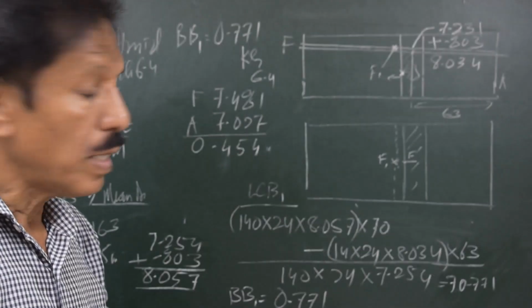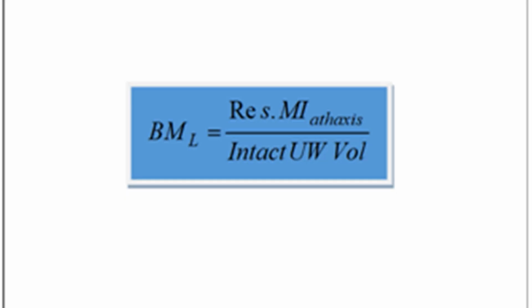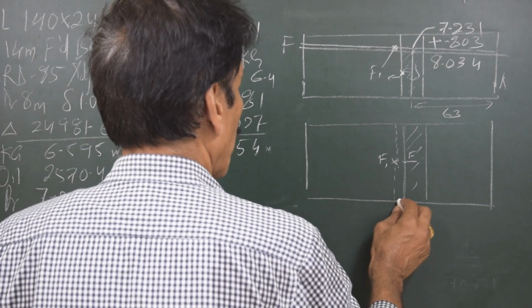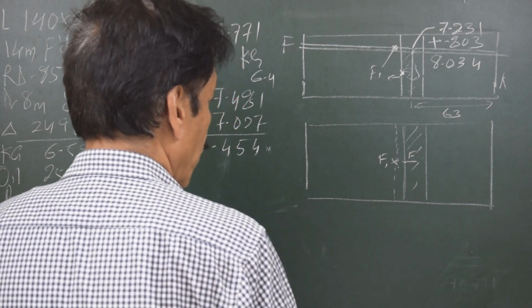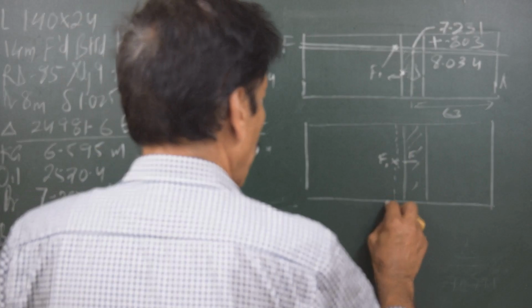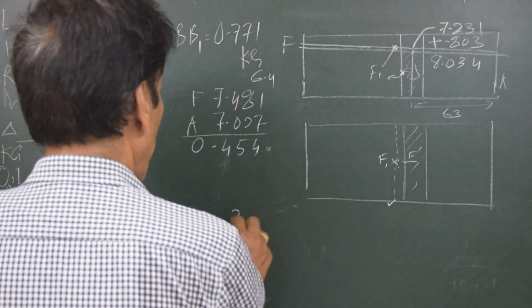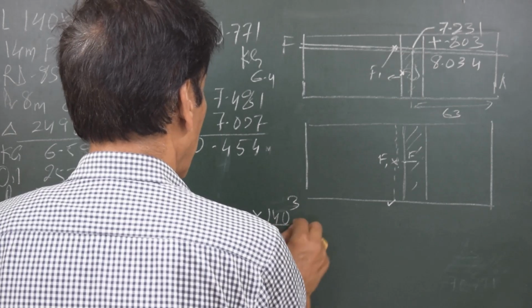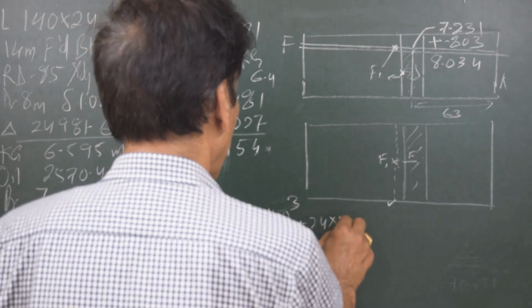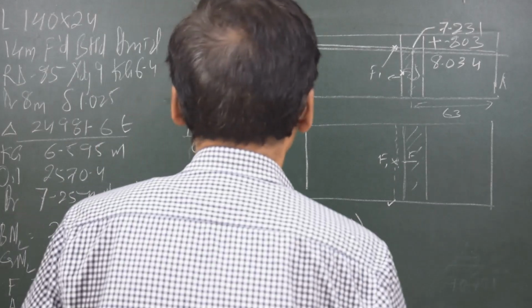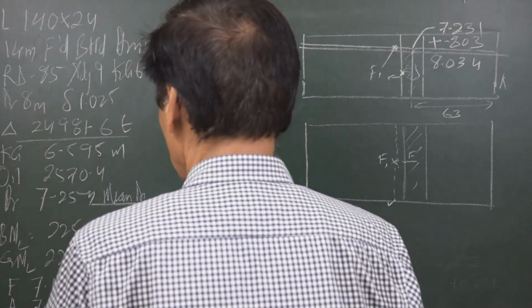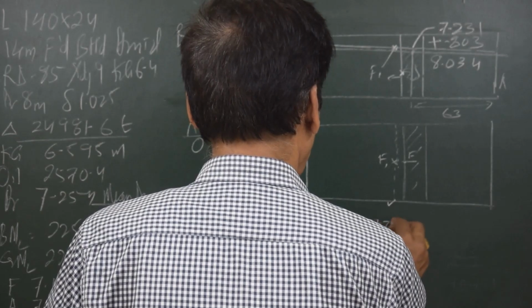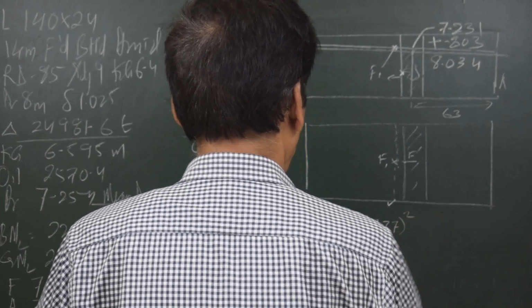So let's find out the BML now, right? So first we need to find out what is the total moment of inertia regardless of damage, not considering the damage, about this axis. So that would be 24 into 140 cube upon 12 plus 24 into 140 into 0.777 square.